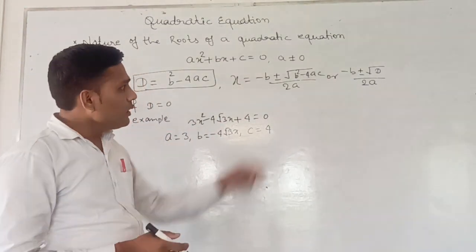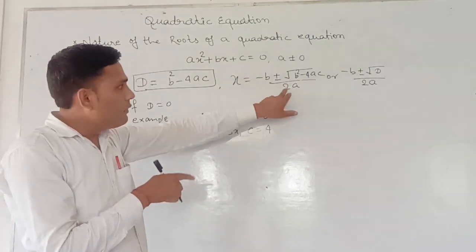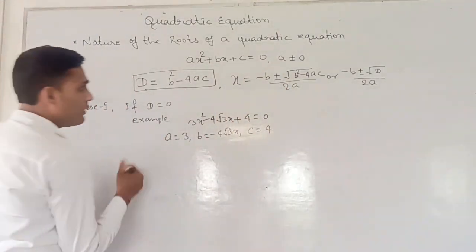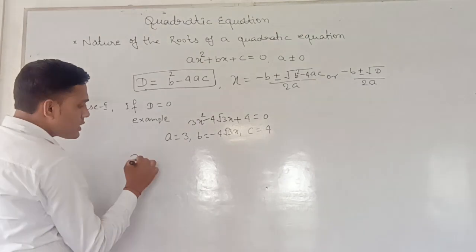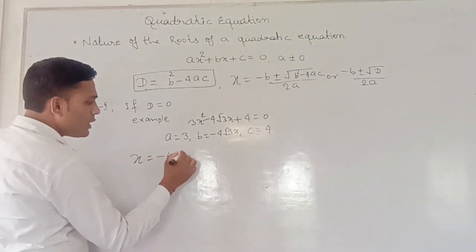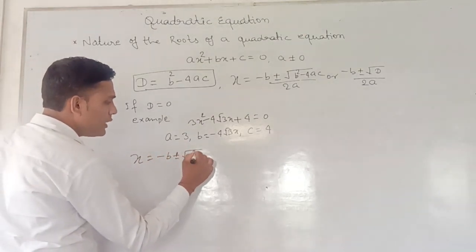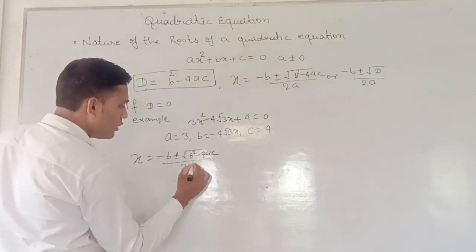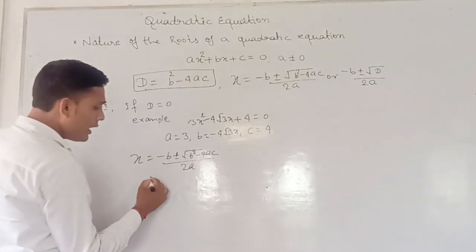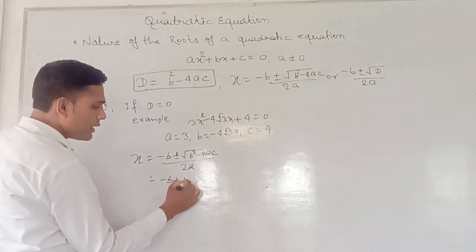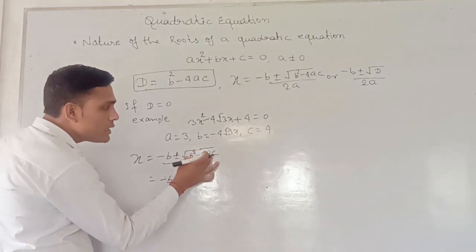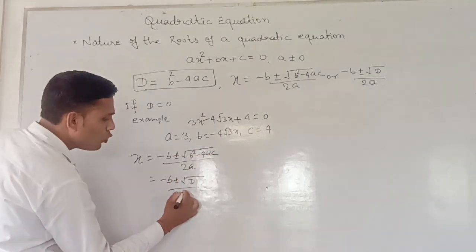The nature. How will we find it? Using this formula, x equals minus b plus minus root under b square minus 4ac by 2a.